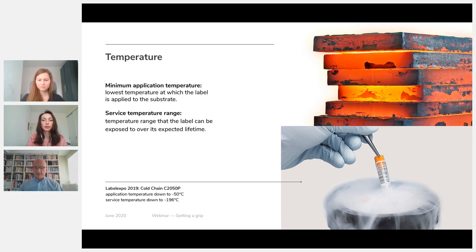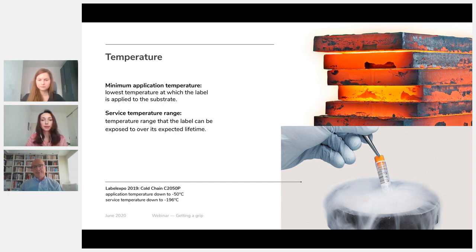This is the lowest temperature at which the label is possible to stick onto the substrate. The second temperature is the surface temperature range. So this is a range of temperatures, and that basically tells you the temperature range at which the label will remain stuck to the substrate during the expected lifetime.